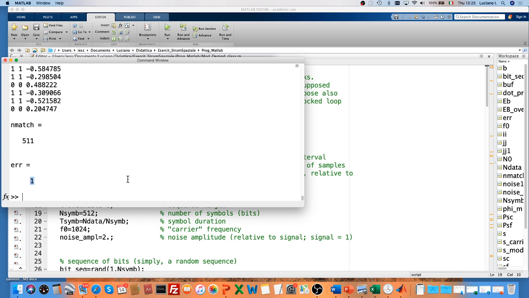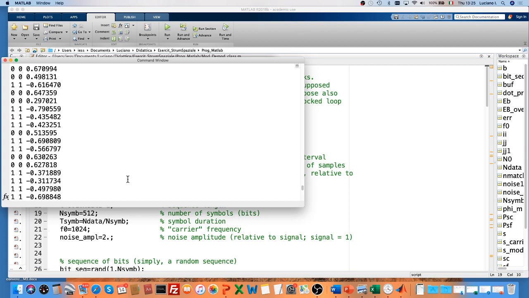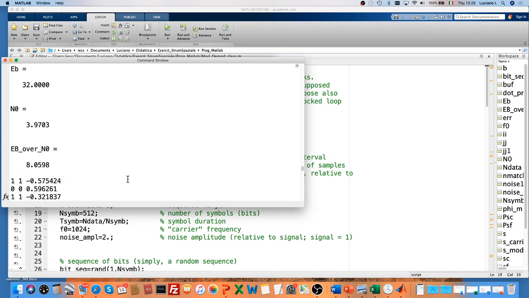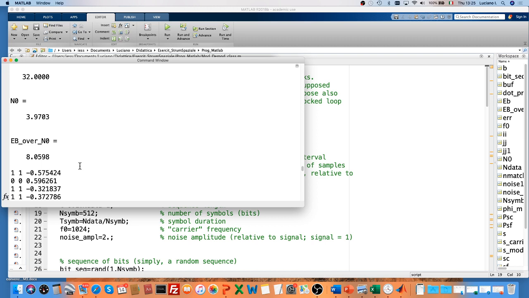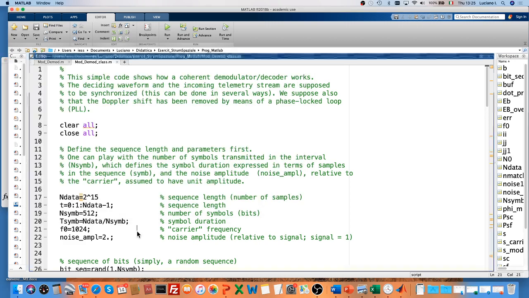And one could see that with the energy per bit equal to 8, this matches more or less the theoretical prediction. Remember, however, that we have a random realization of the bit sequence and a random realization also of the noise sequence.